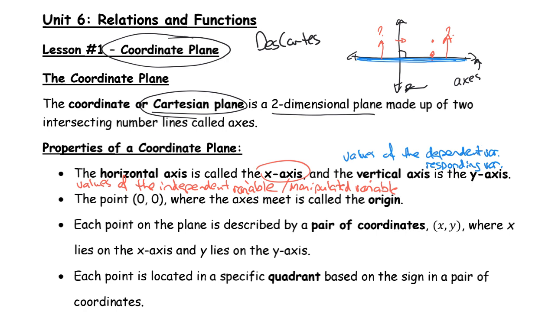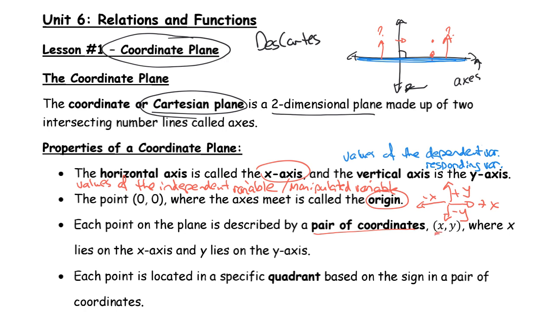The point 0, 0, where the axes meet, is the origin, because the coordinate plane grows in all four directions out from there. It grows in the positive x direction, positive y direction, and then the negative x direction, and then the negative y direction. Each point on the coordinate plane is described by a pair of coordinates, and this is what we've been alluding to.